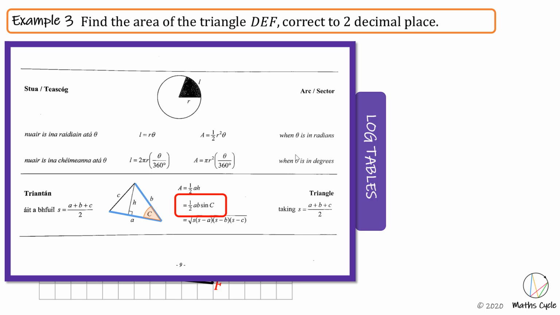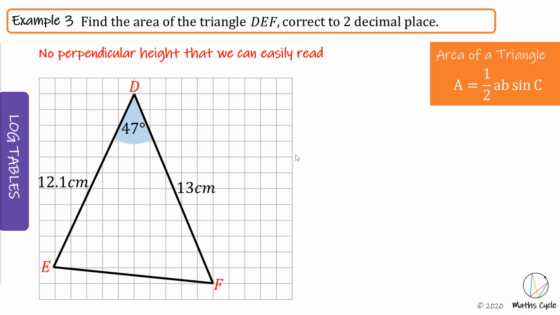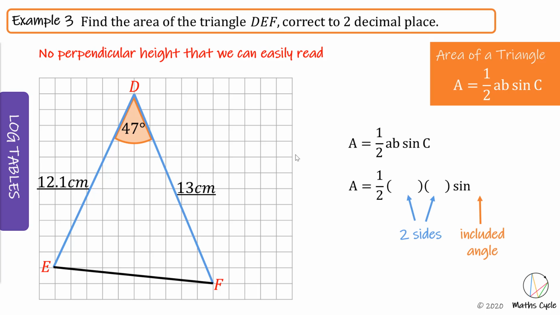So our formula then is a half AB sine C. So on my diagram, I have 12.1 centimeters is one side, 13 centimeters is the other side, and then 47 degrees is my included angle. So write down your formula and then sub in your two sides and the included angle. So subbing in 12.1 and 13 and subbing in 47 degrees.